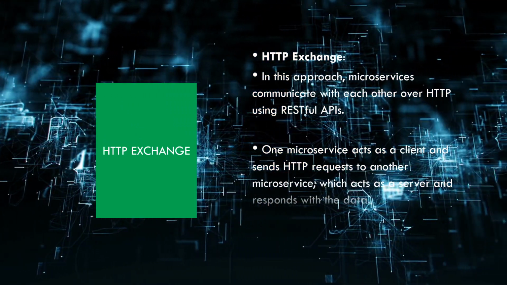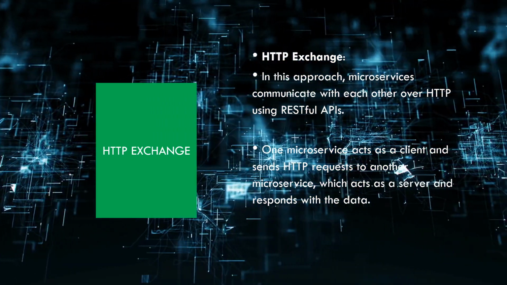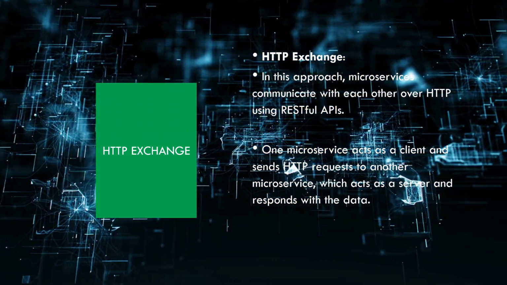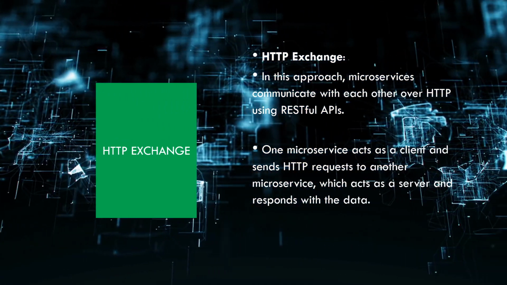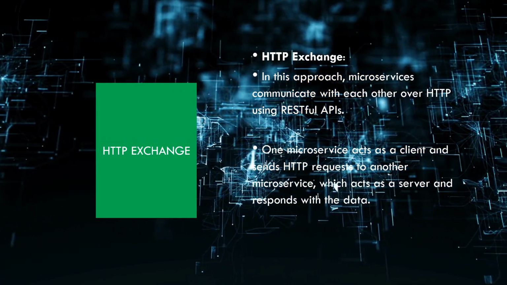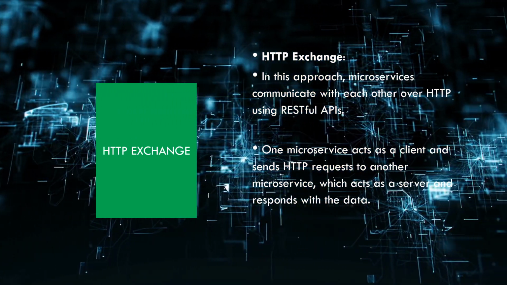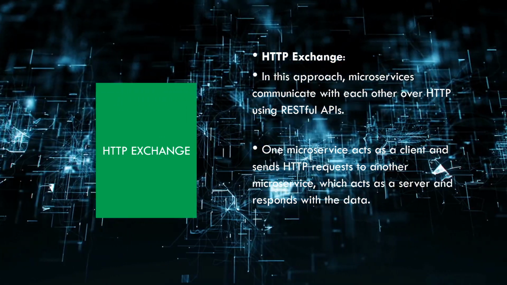One microservice acts as a client and sends HTTP requests to another microservice, which acts as a server and responds with the data. So you can use HttpExchange to make get, post, put, and delete requests to other microservices to retrieve data, create records, update resources, or delete the data.